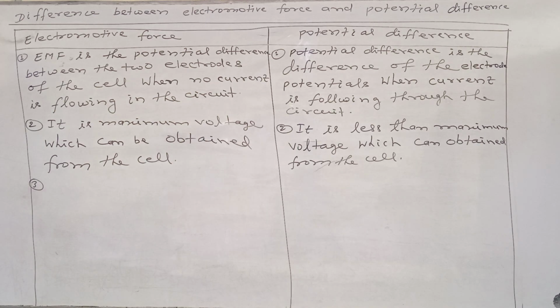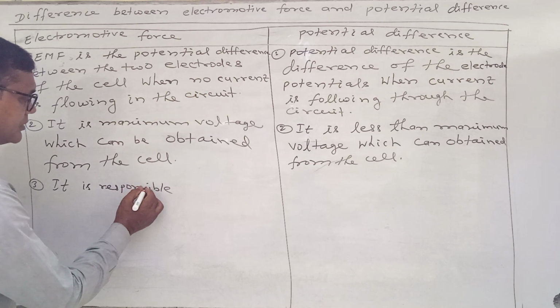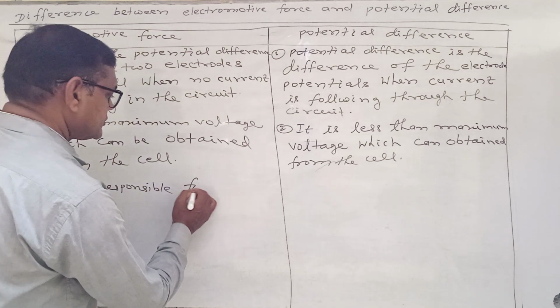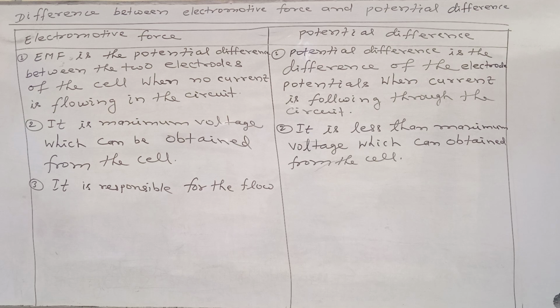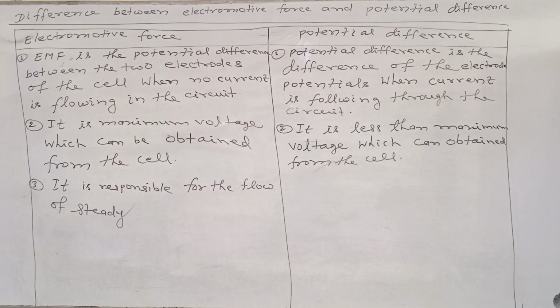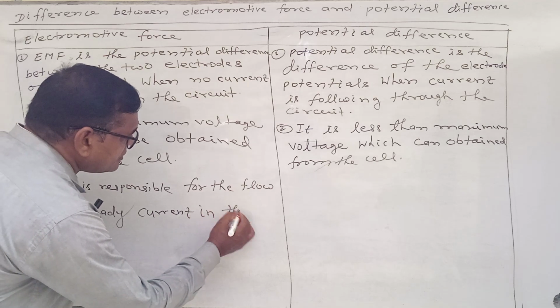We write point 3. It is responsible for the flow of a steady current in the circuit.